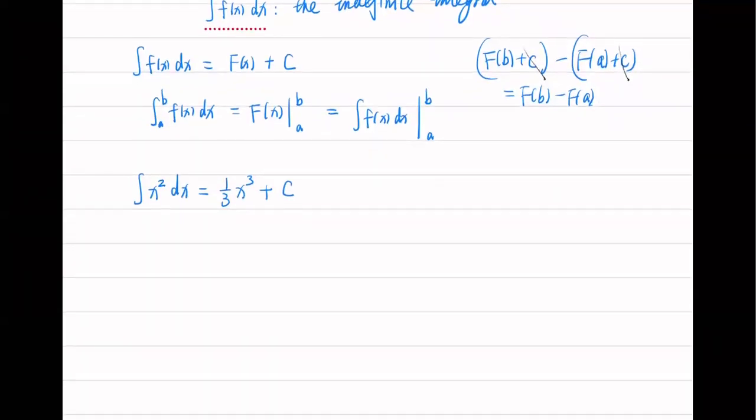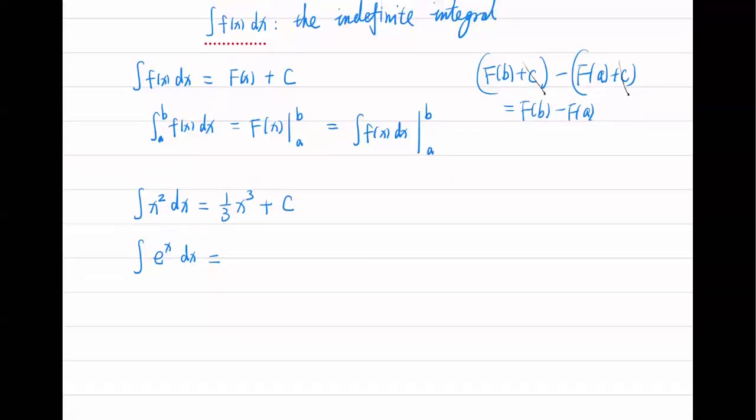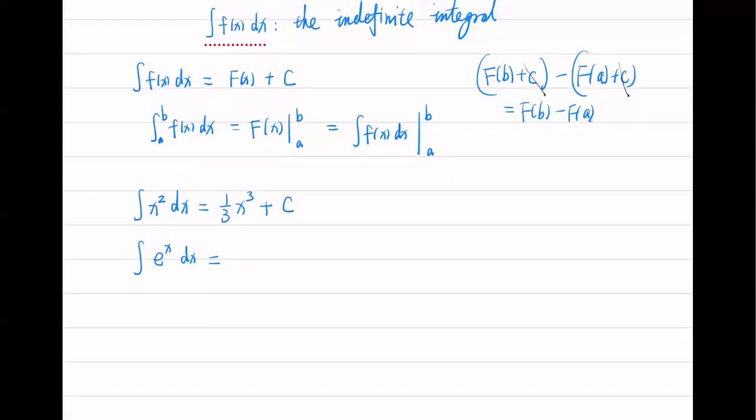Let's try another one. Sophia, the indefinite integral of e to the x: e to the x plus c. Elisa, the indefinite integral, yeah, you do cosine x plus c. Okay, so you know this is negative cosine x plus c.